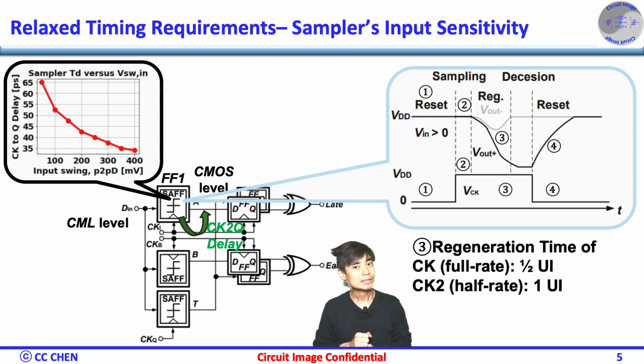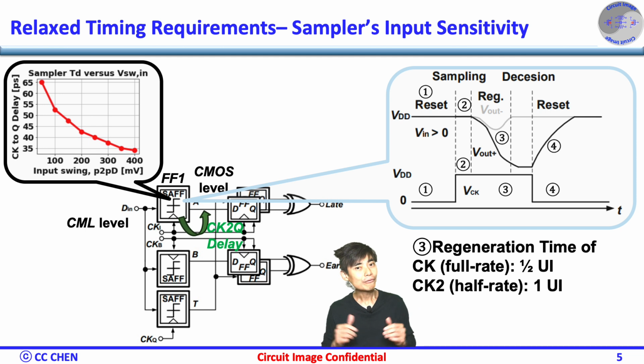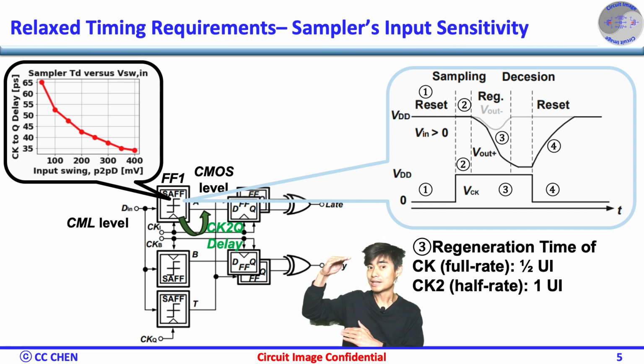In other words, the full-rate clock CK only has half a UI for the regeneration time, which may have less input sensitivity than the half-rate clock CK2, which provides a full UI for the regeneration time. At the same input swing, the half-rate clock provides twice the regeneration time to the CMOS level.